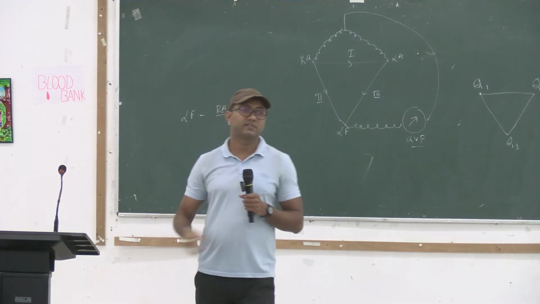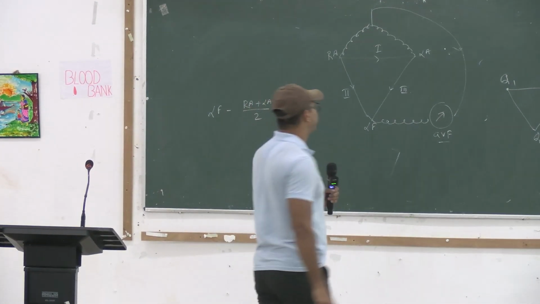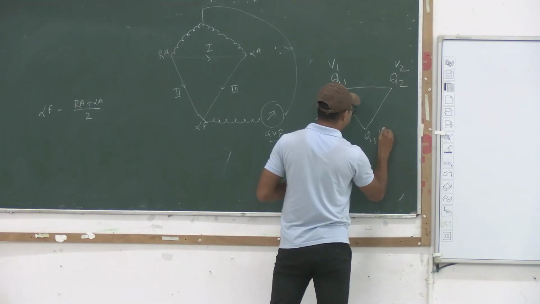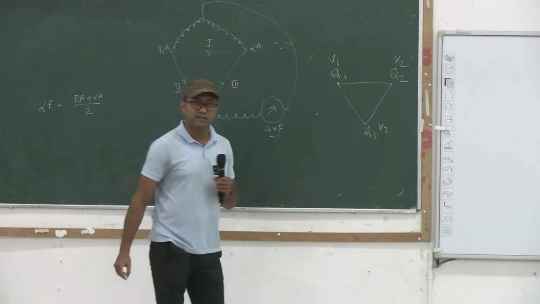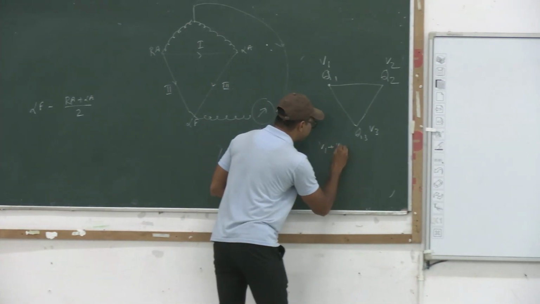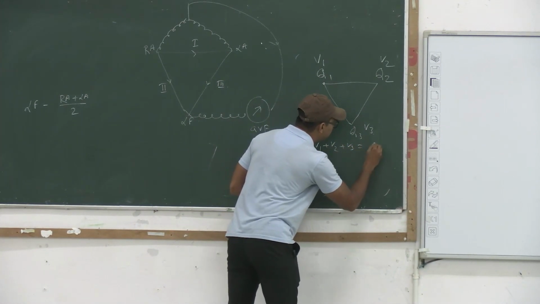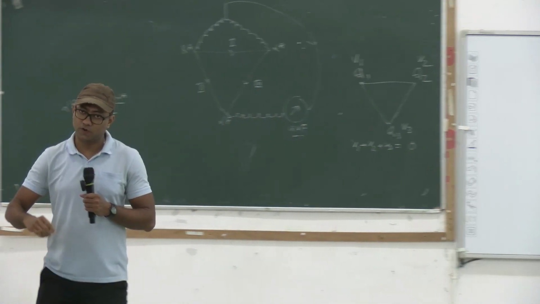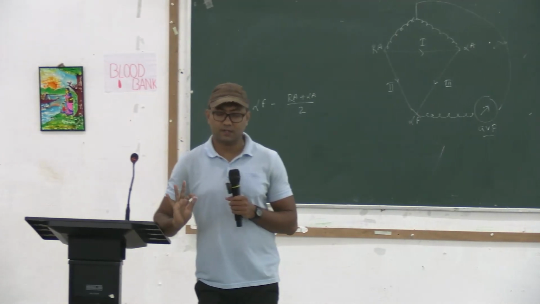And due to this there is a potential, say for example V1, V2 and V3, and according to the law, V1 plus V2 plus V3 will be 0. This is Einthoven's law. This is completely a rule of physics.